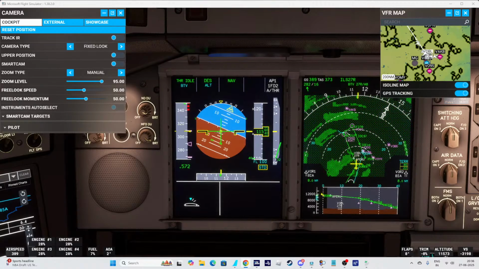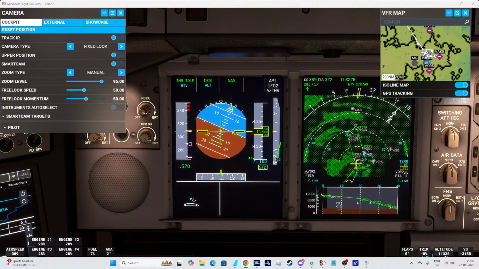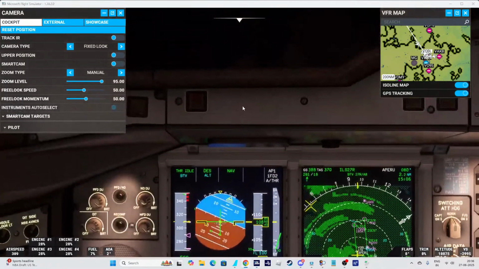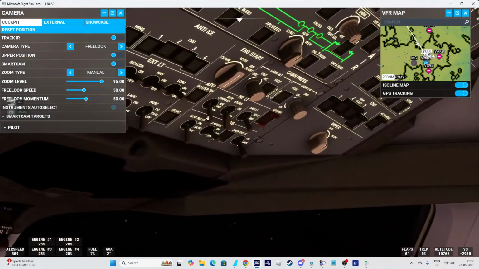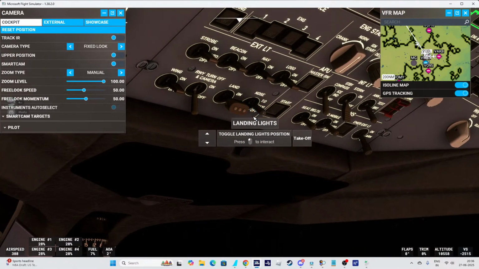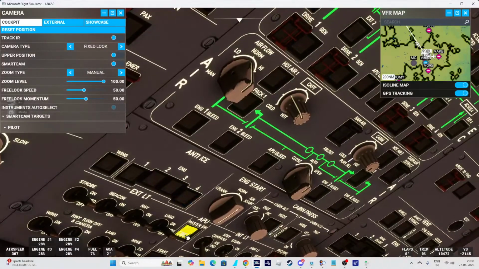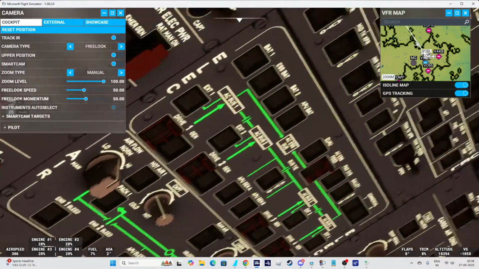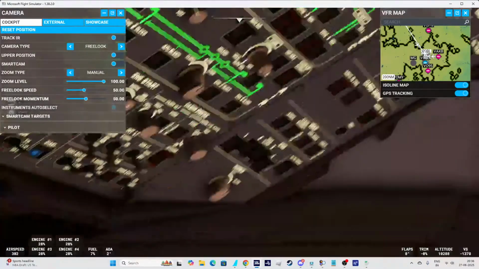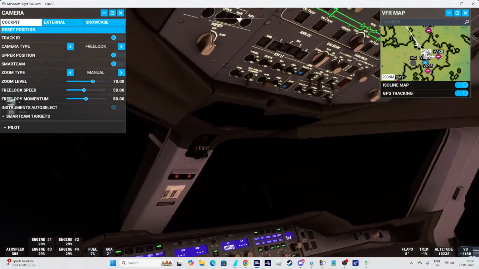India 2823 established, ILS runway 27 left. India 2823, contact Tower 124.350, good day. Now split on to 10 on the seatbelt sign. Everything should be checked out.